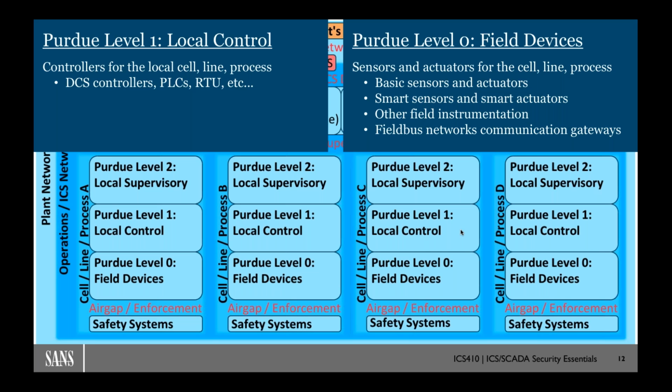But many plants were never designed that way, and many plants assume level 1 is the same logical network across the board, across all the manufacturing lines. So if you already have that established, then it's probably best to go ahead and stay with that. At that level, there's not a lot of security defenses we can place down there. So that's something I generally would live with if it's already been established at a plant.